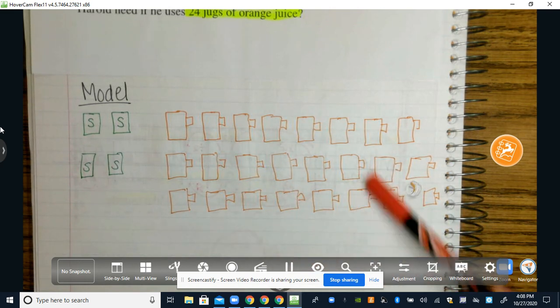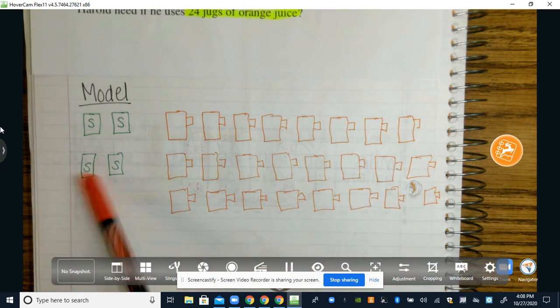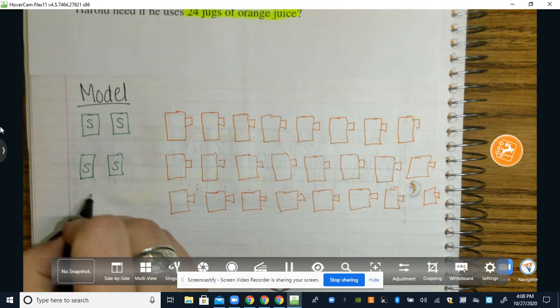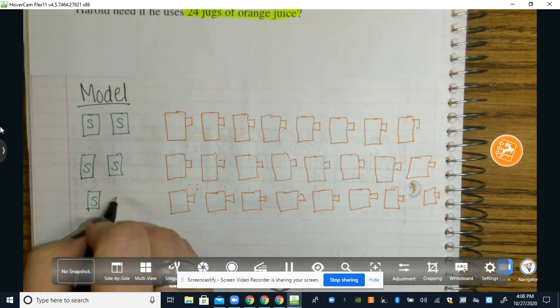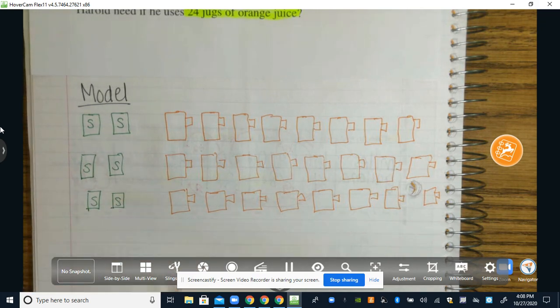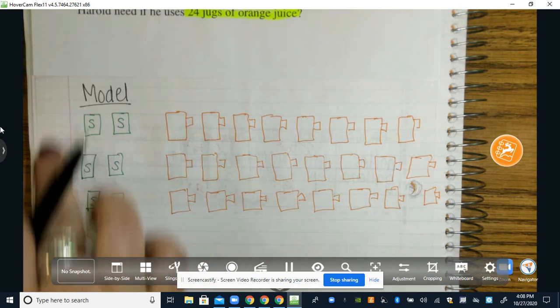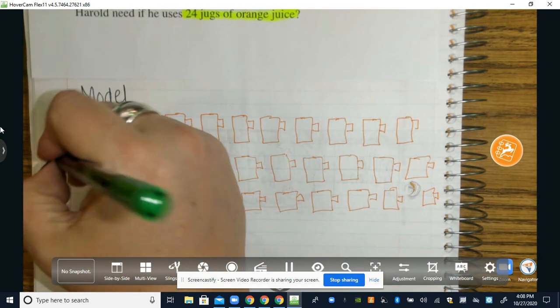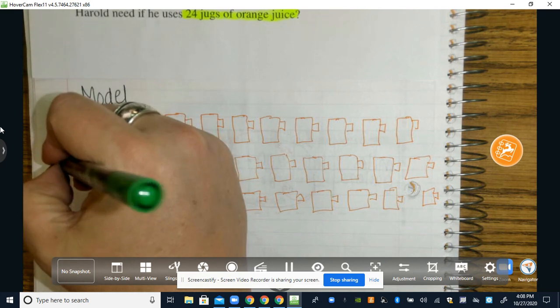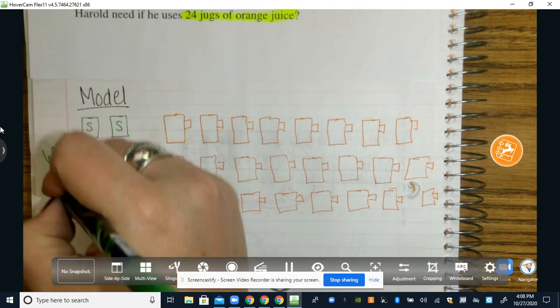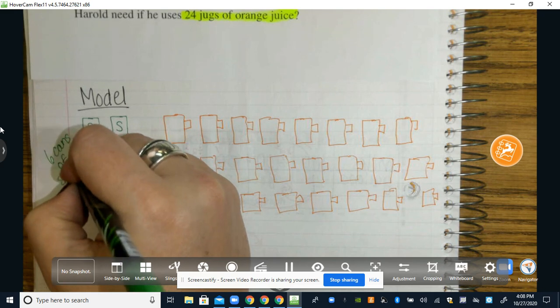So I have 24 things of orange juice. So I need to taste the same. So whenever I did 8, I always did 2 cans of Sprite. So here, my answer would be 6 cans of Sprite is what you need.